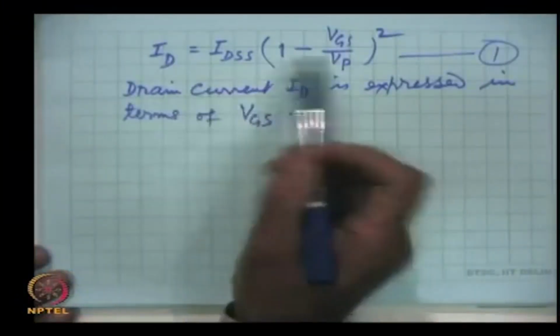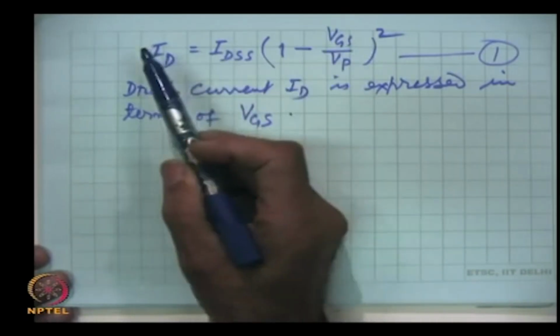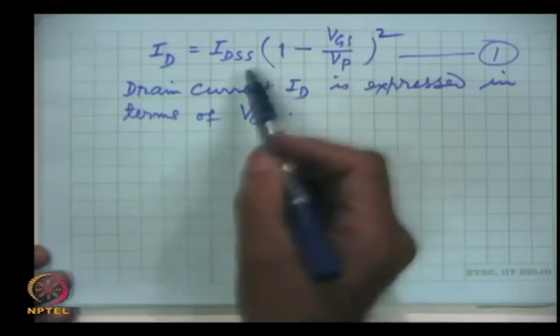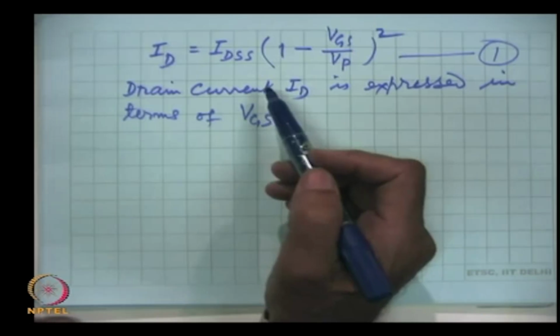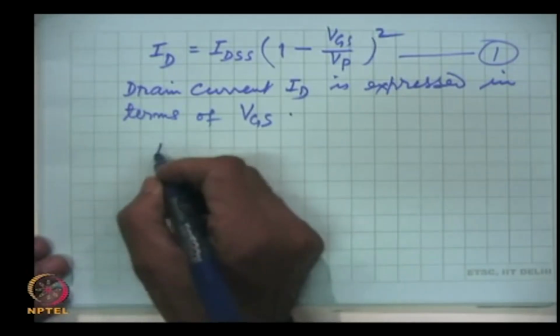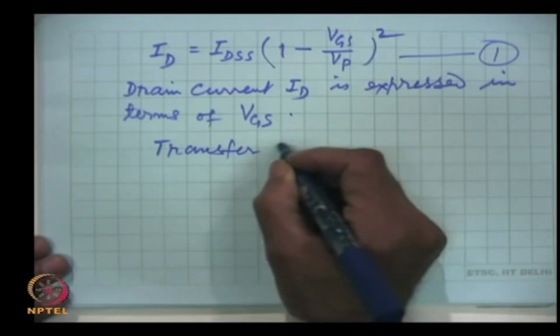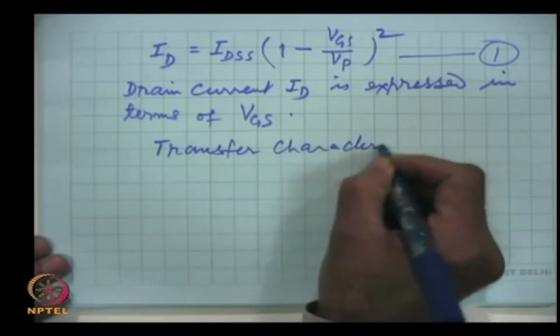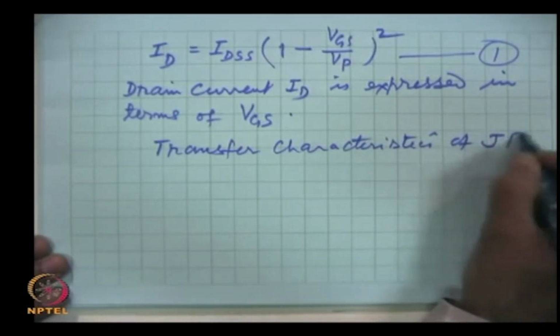The nonlinear relationship between ID and VGS, the gate source voltage dependence, as expressed by this equation, is parabolic in nature. So, we can get the transfer characteristics of the JFET.